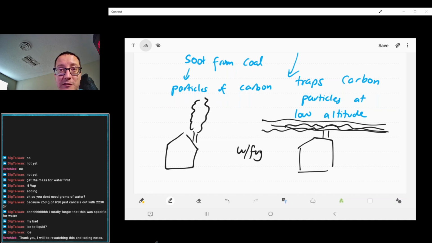So this type of smog, sometimes it's called London smog. And that's where that original word came from, the smog word. However, you probably also know that Los Angeles is known as pretty smoggy, right?